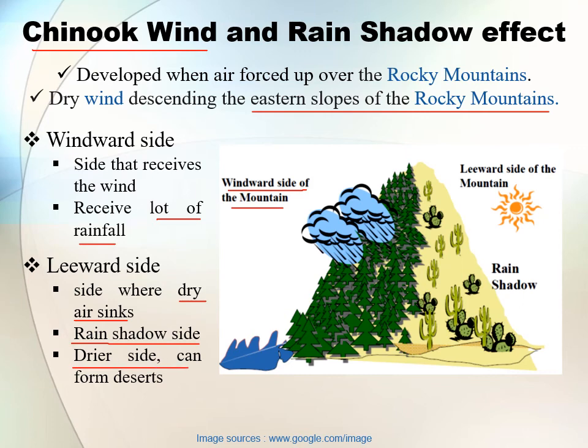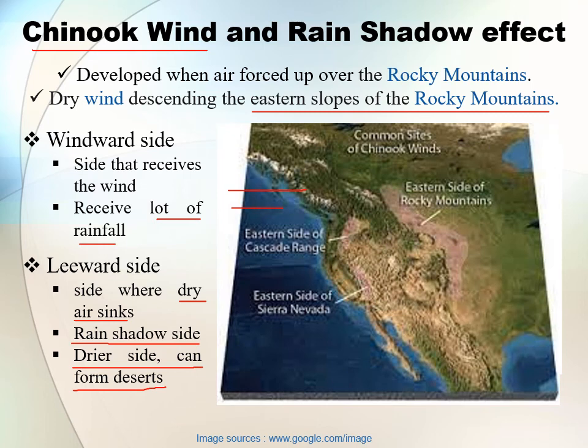If you see the continental distribution of this American landmass, you can see that the wind coming from the sea hits the western slope of the Rocky Mountains. It is restricted, goes up, and lots of rainfall occurs in these coastal areas.